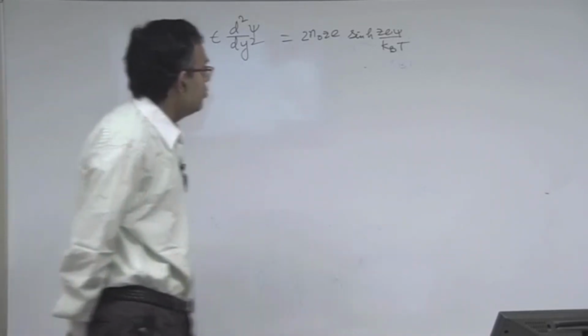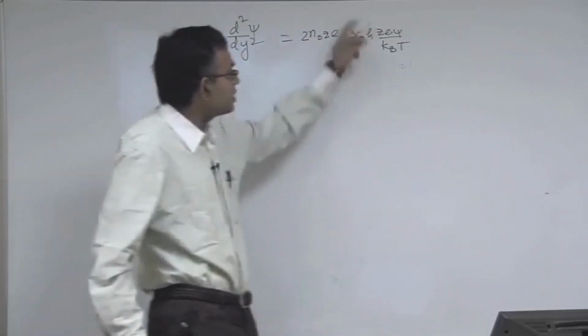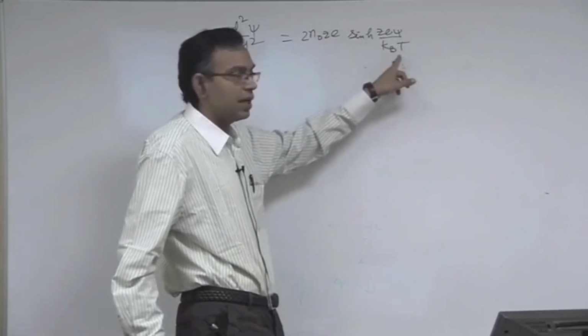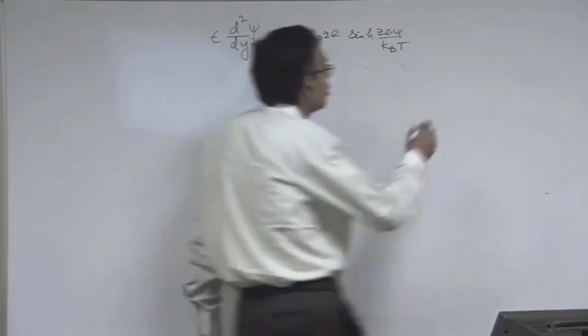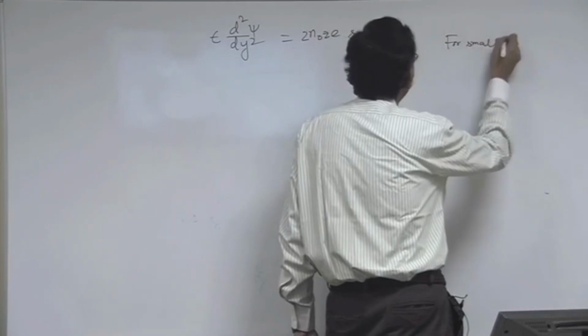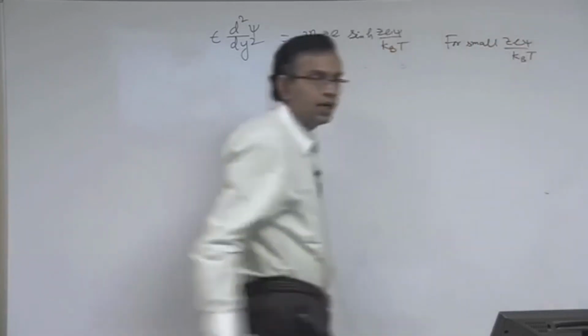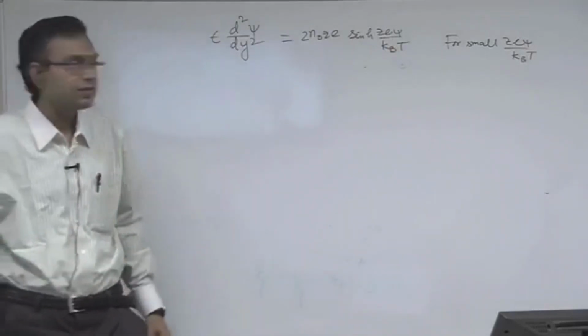However, we can start with a simple case when we can linearize this equation. We can linearize it when ze psi by kbT is small. Small means typically much less than 1, so let us say at least 0.1 or less.